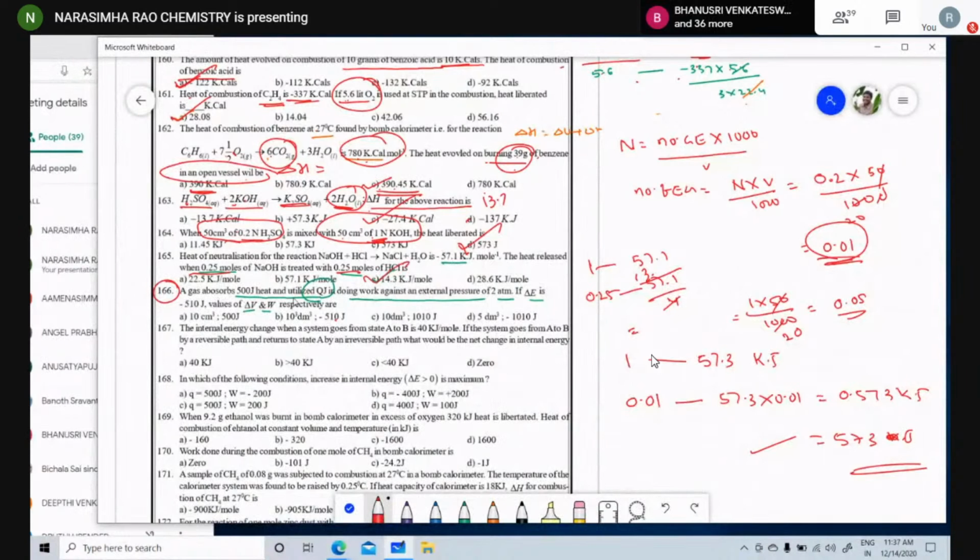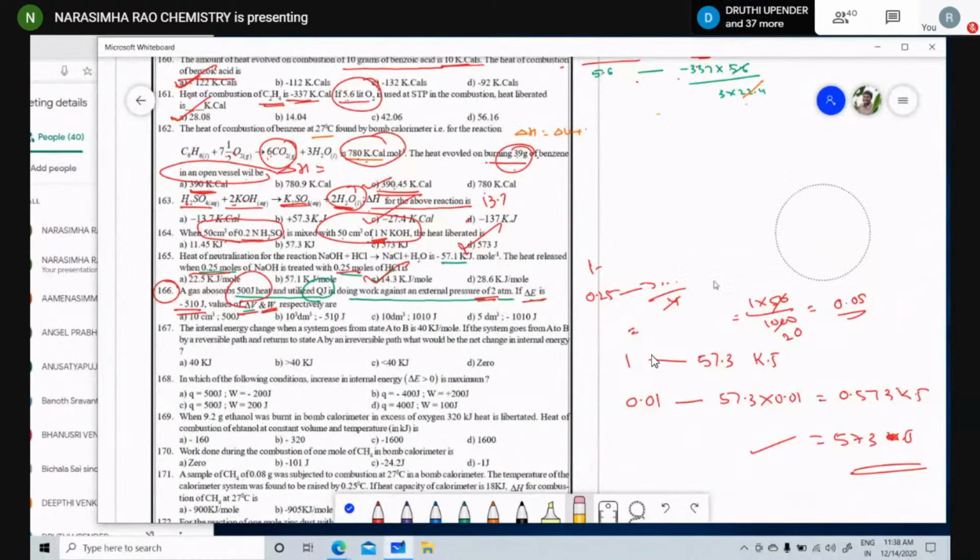Next, a gas absorbs 500 joules of heat and utilizes Q joules doing work against the external pressure of 2. The change in internal energy is this one. Now find out the W and delta V. Children, are you following?